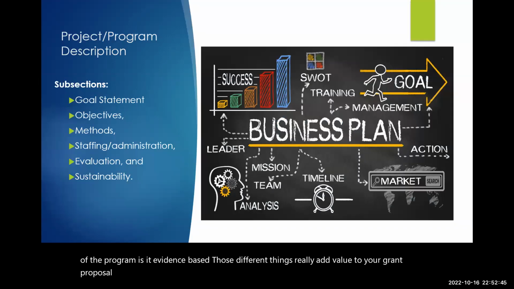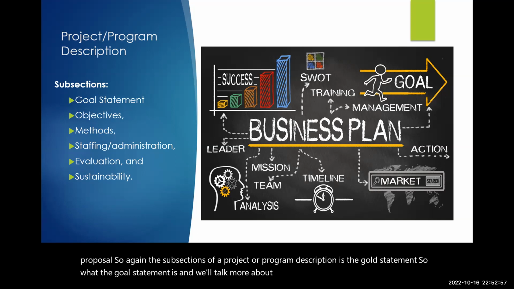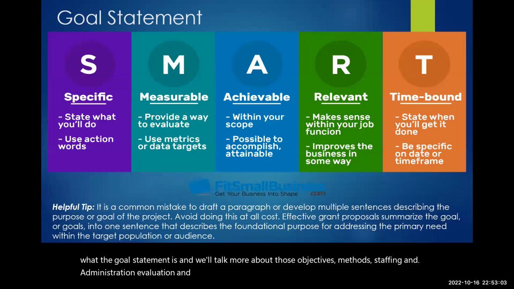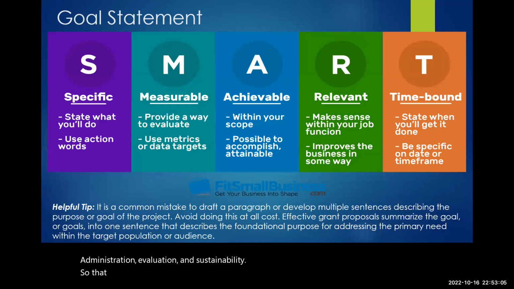So again, the subsections of a project or program description are the goal statement, and we'll talk more about those, objectives, methods, staffing and administration, evaluation, and sustainability. All of that goes into a grant, into a program description.